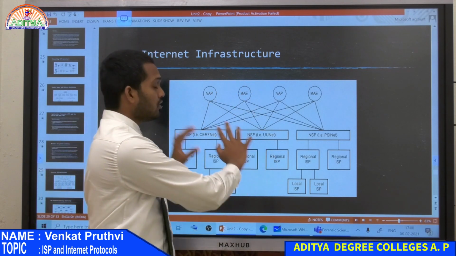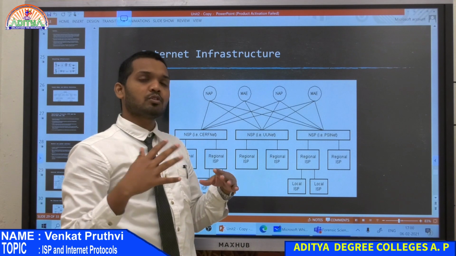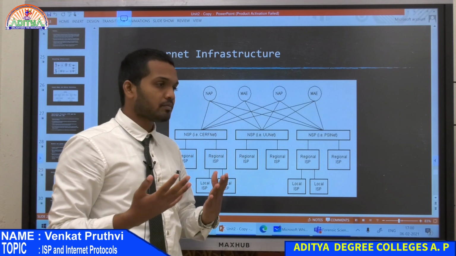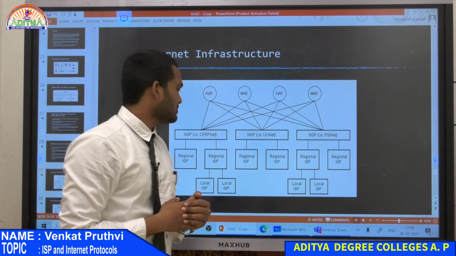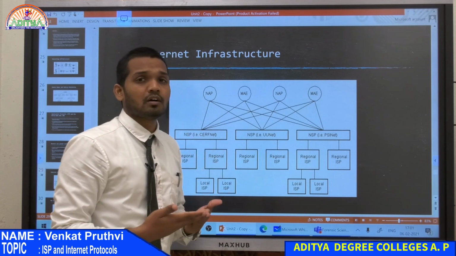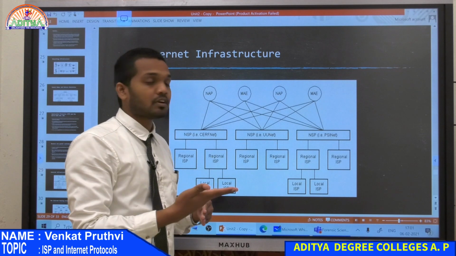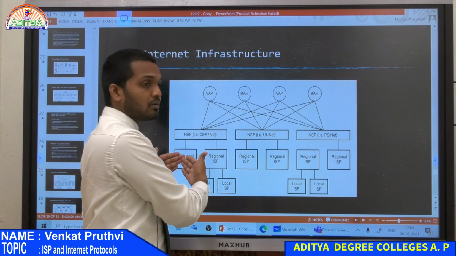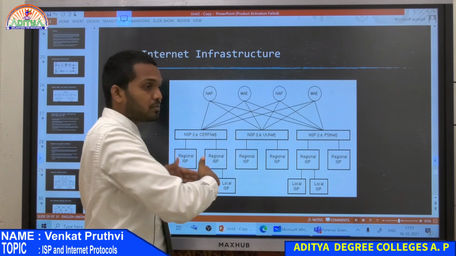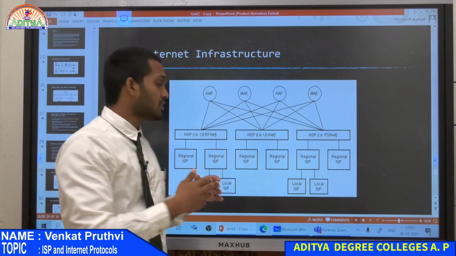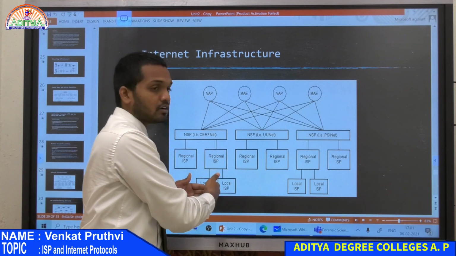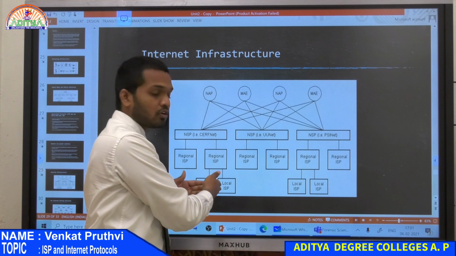Now, as they put so much effort and investment into this infrastructure, they sell the bandwidth to the regional ISPs, so that these regional ISPs can sell the bandwidth to the local ISPs.